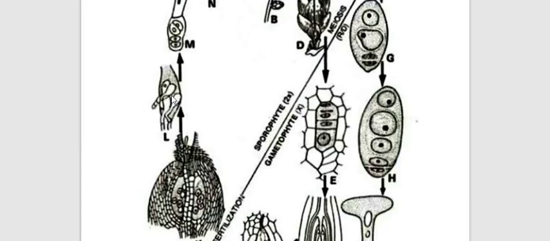Out of all these proembryos which start to develop, all disintegrate and only one matures into an embryo.